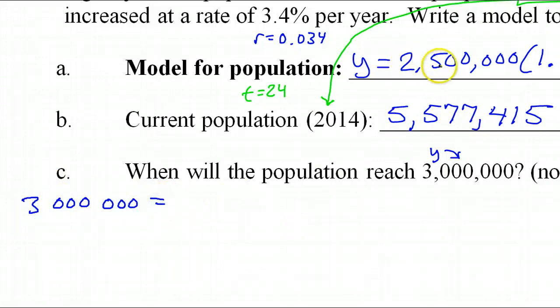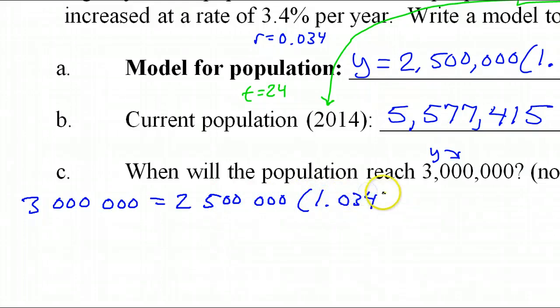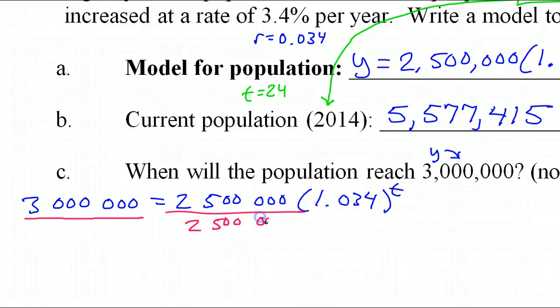So I've got 3 mil equals, all right, 2,500,000 times 1.034 to the t power. I'm trying to find t. I must divide by 2,500,000. All right, just so I don't have to type as many zeros.